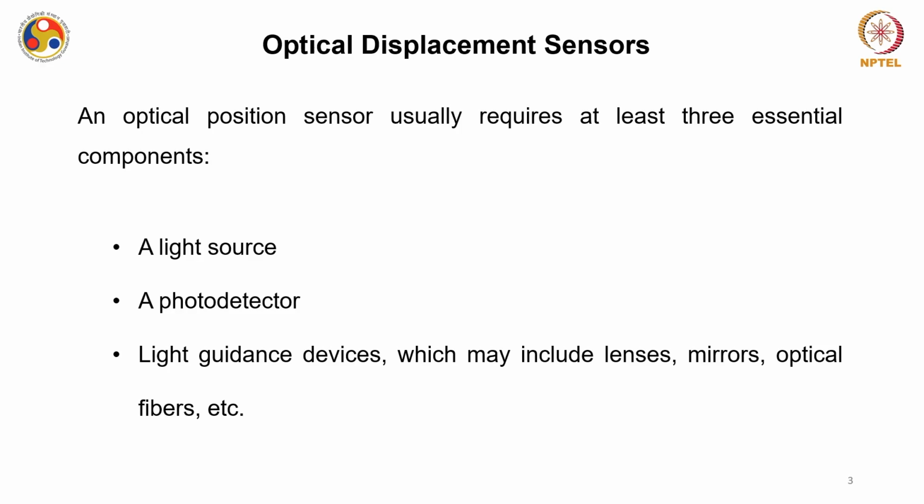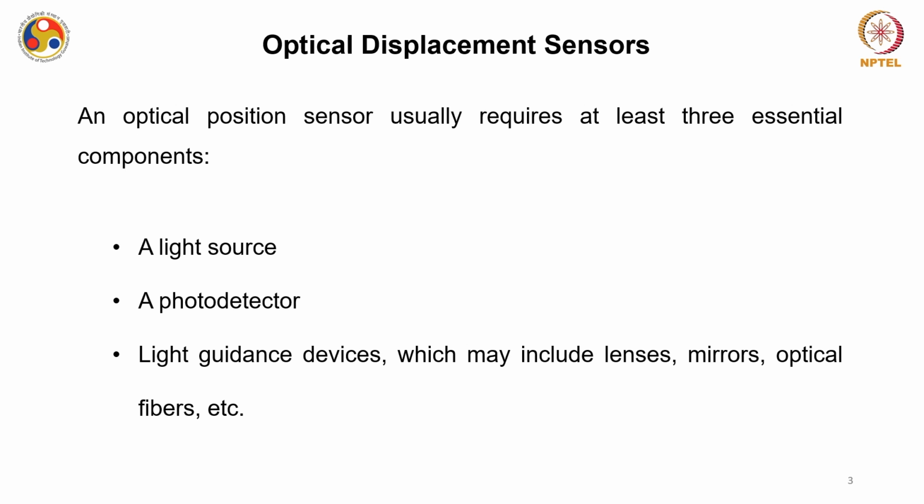An optical position sensor or optical displacement sensor usually requires at least three essential components, very similar to other optical sensors. You should have a light source. It can be a monochromatic source or a broadband source, depending on what kind of device or technique we are utilizing for this displacement measurement.